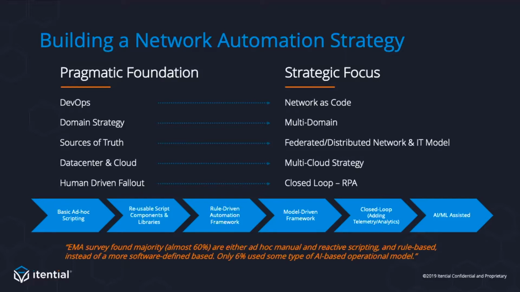And then they realize, from looking at different patterns, that certain elements of those are in fact reusable, and then they build those libraries, and then they start taking that and creating a rule-driven automation framework with a bunch of templates, and then they recognize that a rule-driven approach may not be as ideal in terms of scaling, in terms of consistency, and so then they go to a more model-driven framework.